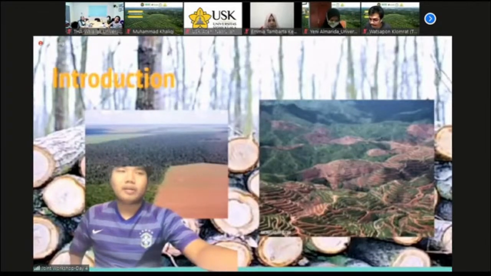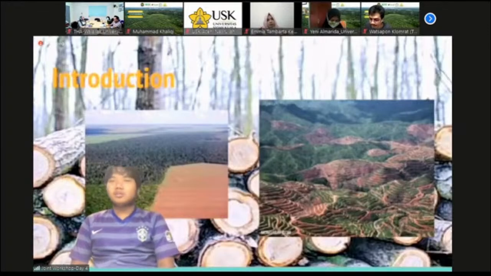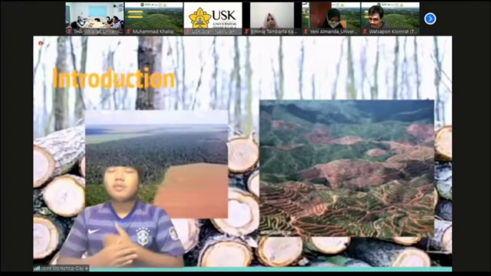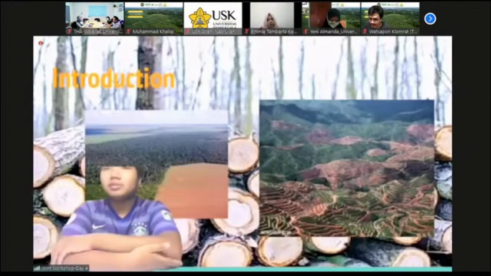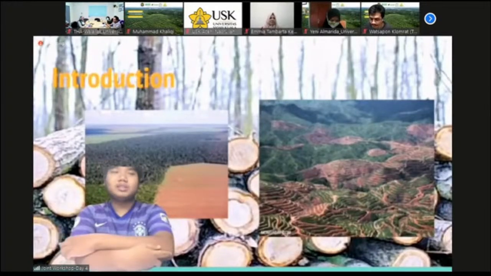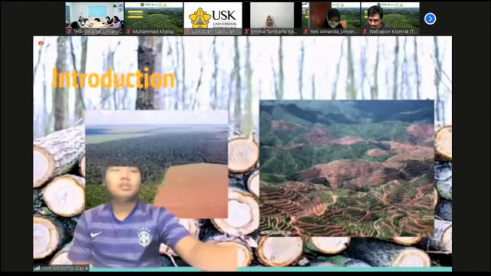Slash and burn. Agriculture is a big contributor to deforestation in the tropics. With these agricultural methods, farmers burn large swaths of forests, allowing the ash to fertilize the land for crops.